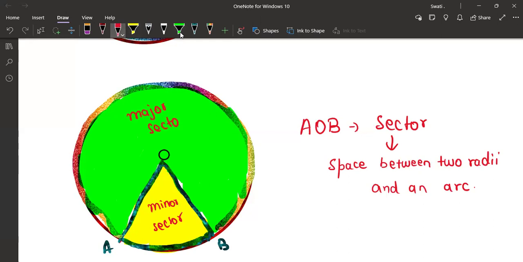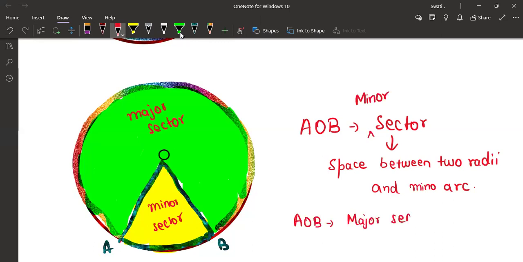So here AOB, the space between two radii and the minor arc, will be called not just a sector, but a minor sector. And the same AOB also has a major sector being formed.